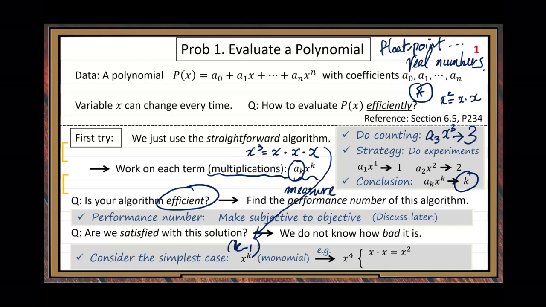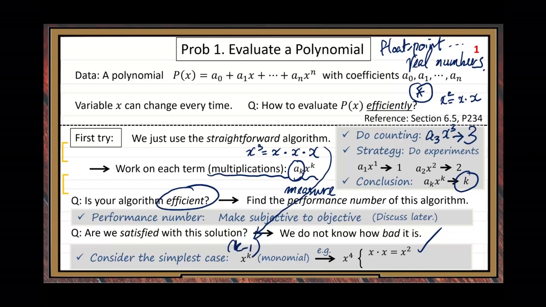First, we take one multiplication, x times x equals x squared. After this step, the value of x squared is known. It's a known value, which means we can use it again and again.